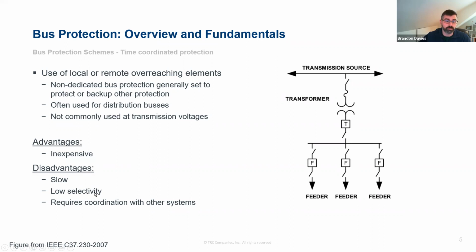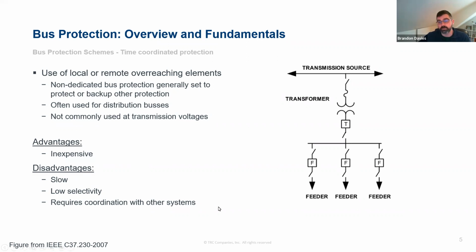The main disadvantage of it is, it's slow. It's not very selective because you're waiting for whatever elements will see the fault to clear it. So you may be tripping potentially more than you need to for a time coordinated protection like this.